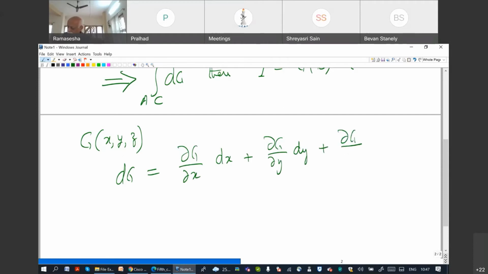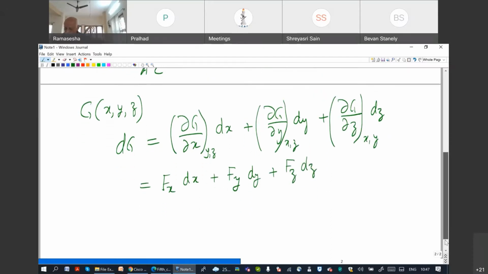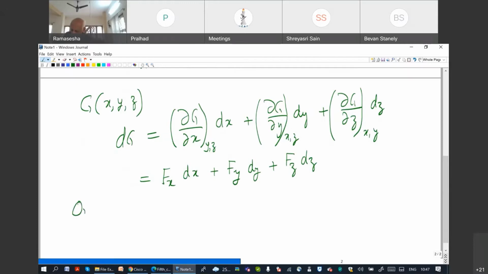These are partial derivatives, and this is the way to get the total differential of a quantity g. Of course, this is calculated when y and z are constant, this when x and z are constant, and this when x and y are constant. Now this is equal to fx dx plus fy dy plus fz dz.